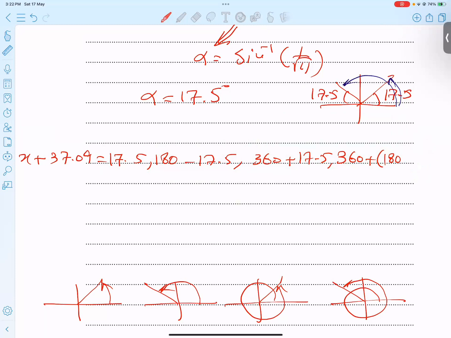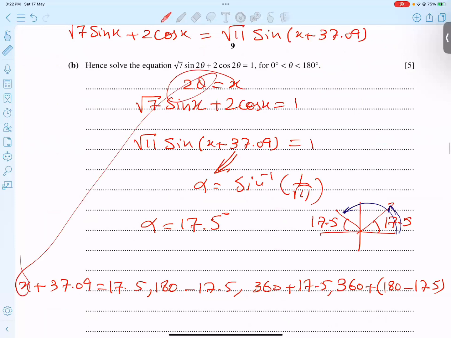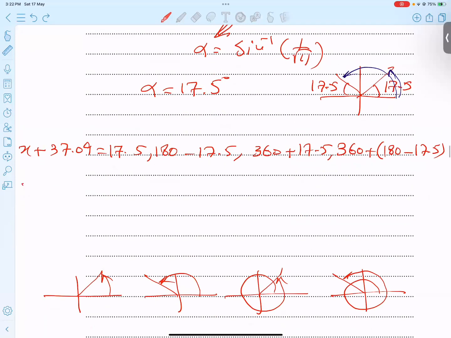So 360 plus 180 minus 17.5. At the same time, I bring back this x as double theta, then it works. So for double theta, this number will go and subtract, and divide by 2. So first I'm doing 17.5 minus 37.09 and divide by 2, my first answer.